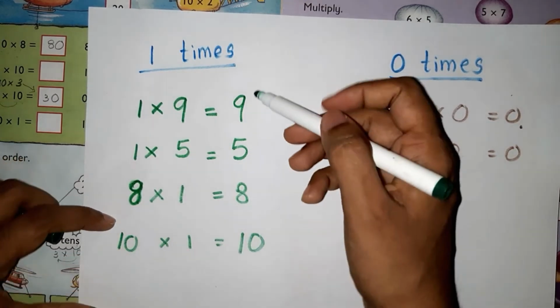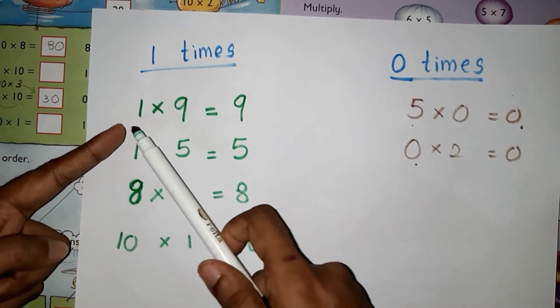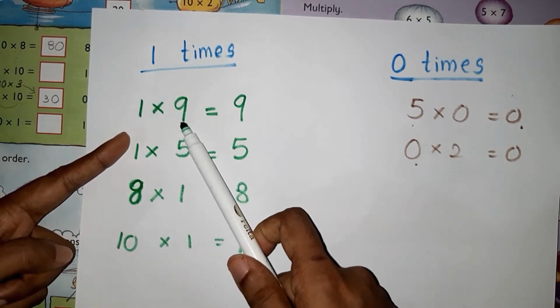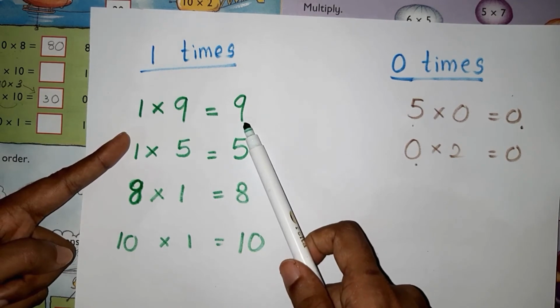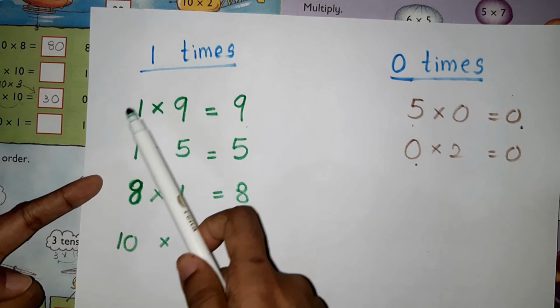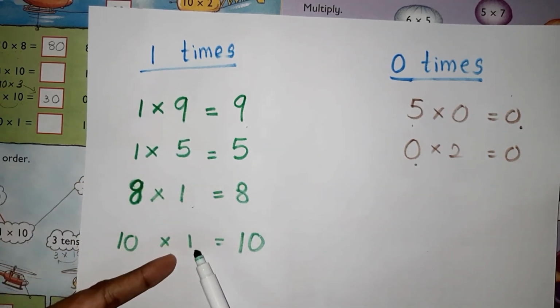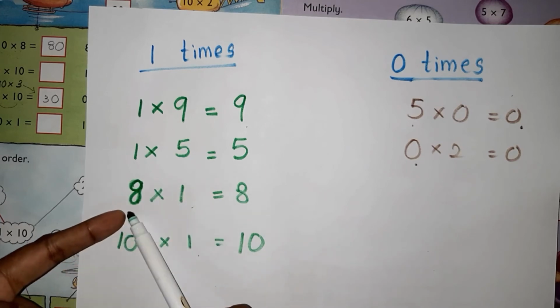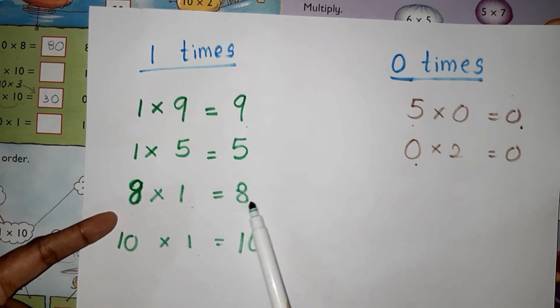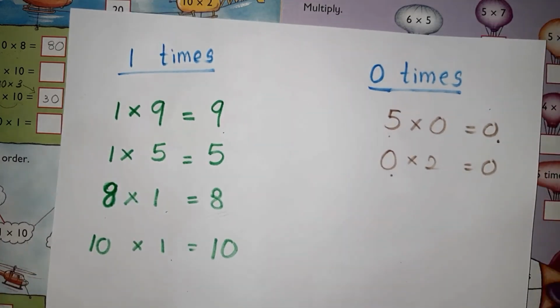Do you see a pattern here? When we multiply a number with 1, we have the same number again as the answer. Okay, you have to keep these things in your mind.